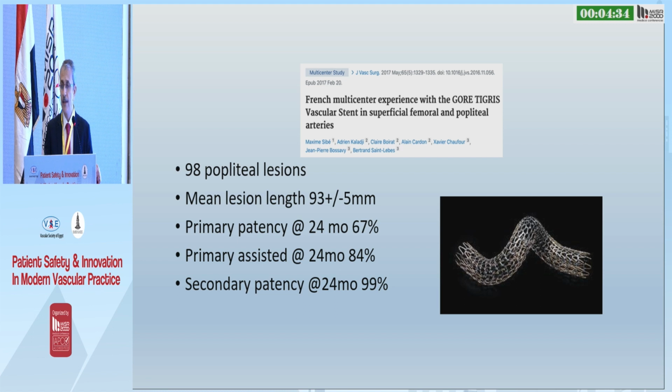These data are from the French registry, 98 popliteal lesions. The mean lesion length was around 9 centimeters. The primary patency rate at 24 months was just inferior, 67%, but the secondary patency rate was equivalent, 99%.